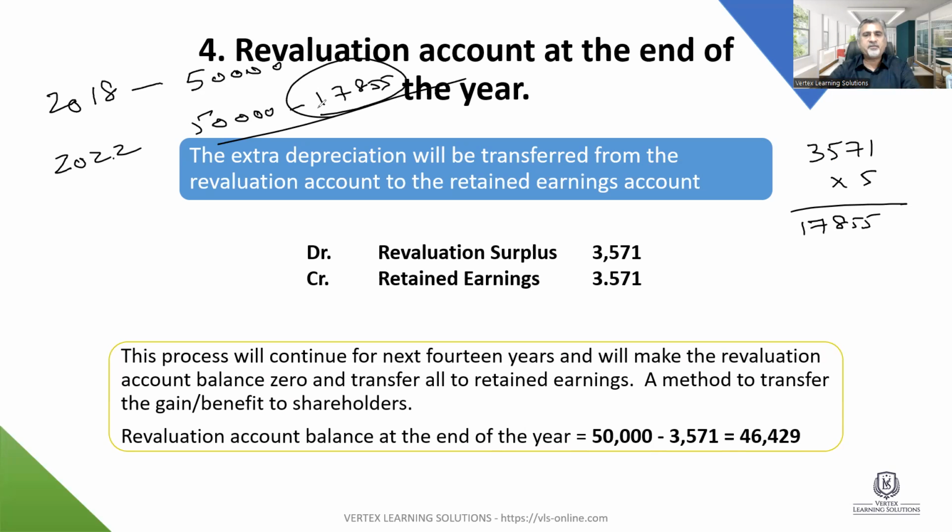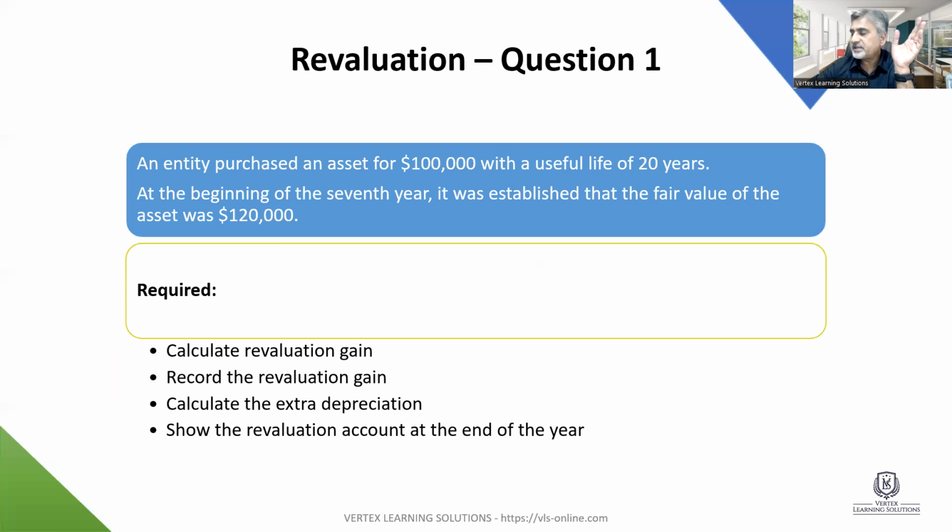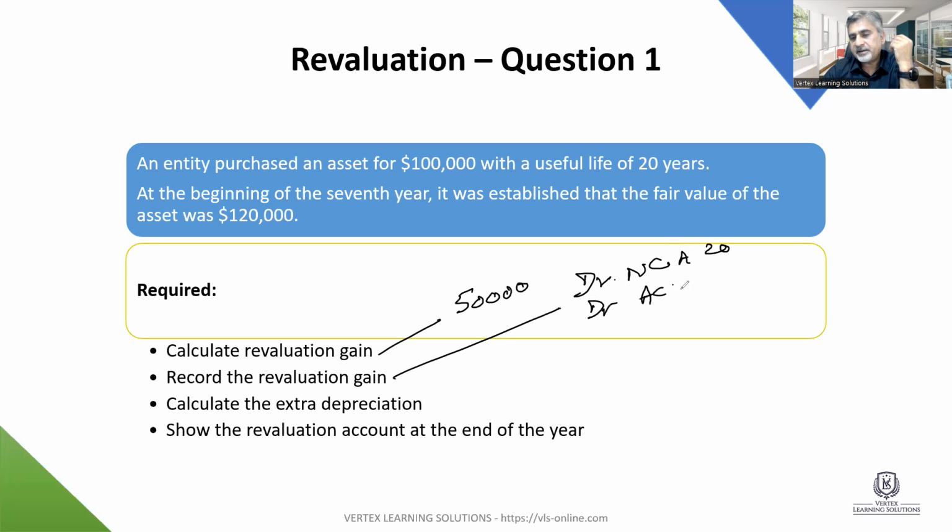So this is your topic for the revaluation. What you need to understand, I go back very quickly. Step number 1 was, they asked us to calculate revaluation gain. We said that is 50,000. Then they say record the revaluation gain. We say debit non-current asset by 20, debit accumulated depreciation by 30, and credit revaluation surplus account by 50.